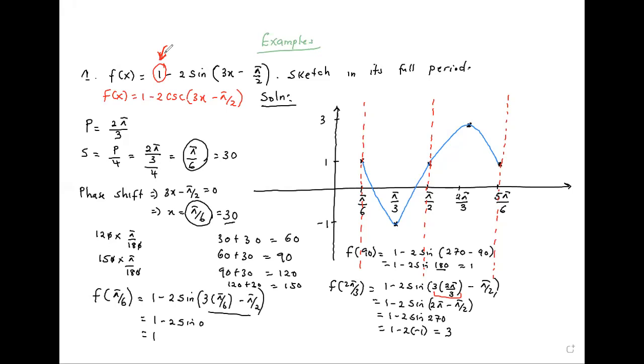For all the two families, that's why you place your asymptotes there. And then for sine, where it is facing up, you flip it down. Where it's facing down, you flip it up. It becomes a graph of cosec.